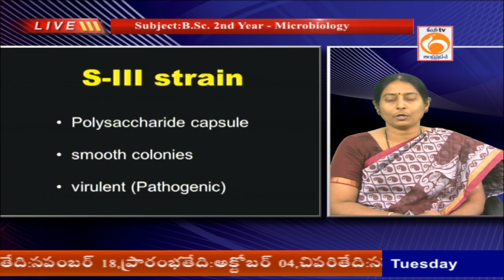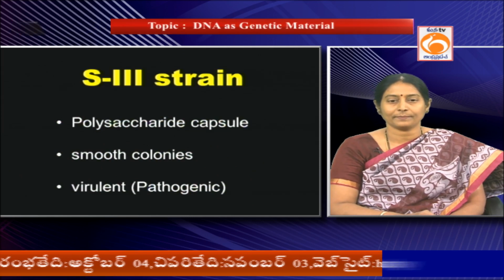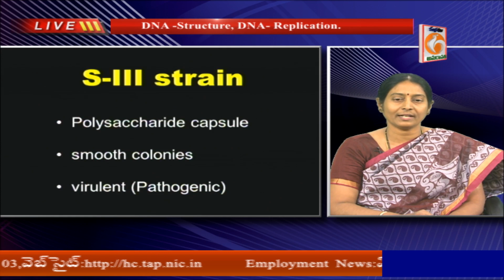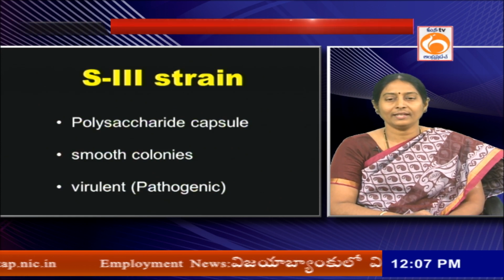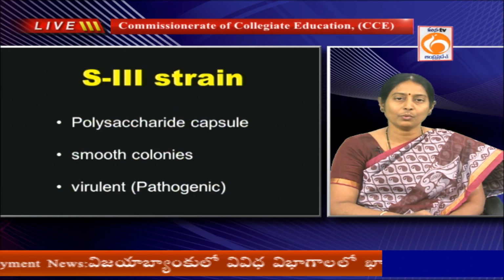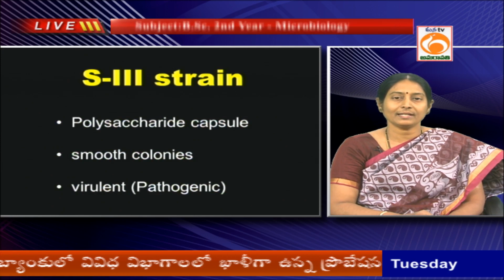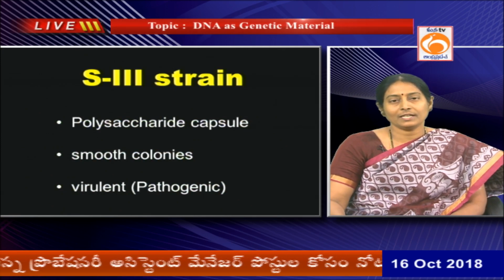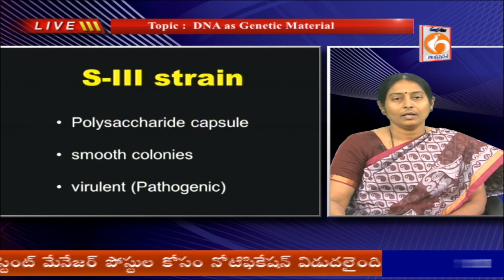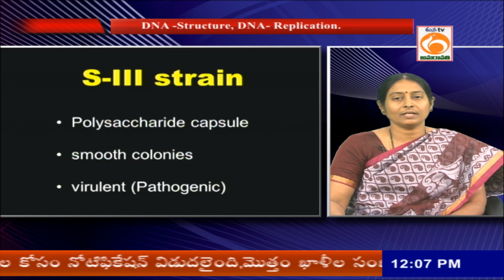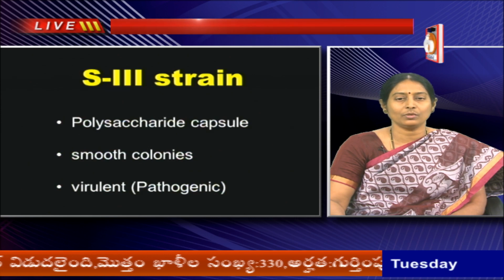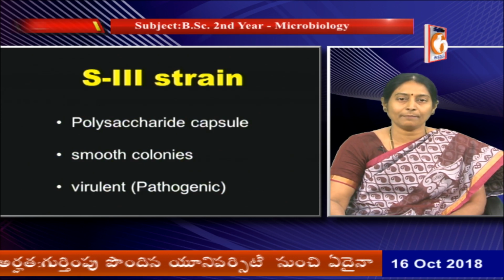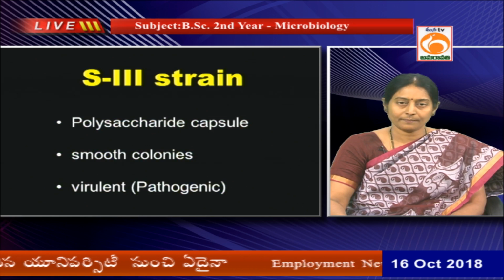Coming to the properties of the S3 strain: these bacterial cells have a smooth polysaccharide capsule and they are capable of producing smooth colonies. It is a virulent bacterium, that means it is able to cause pneumonia. Because of the presence of this smooth polysaccharide capsule, it is protected from the host immune system and able to cause pneumonia.